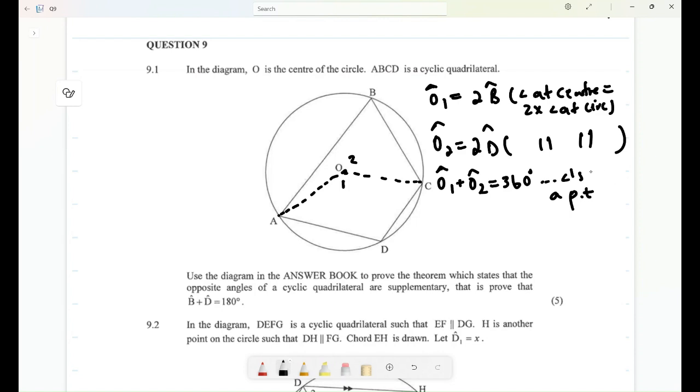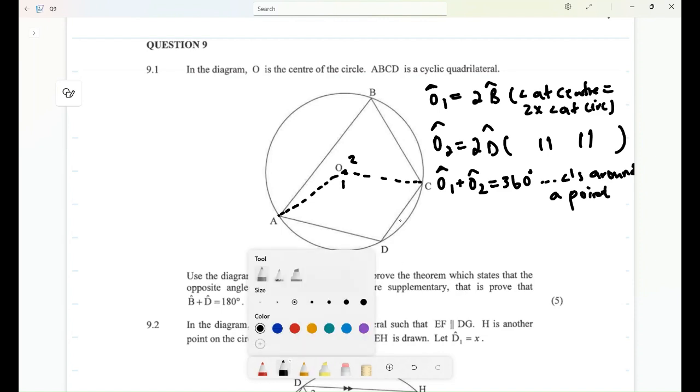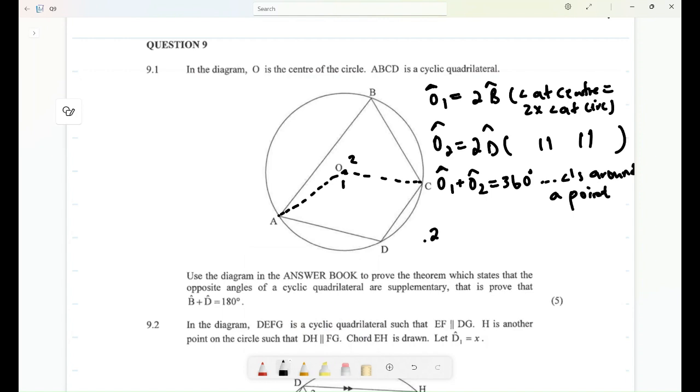Angles around a point, or you can just say revolution, it's fine. But what is angle O1? Angle O1 is twice angle B, plus angle O2, which is twice angle D, is equal to 360 degrees.